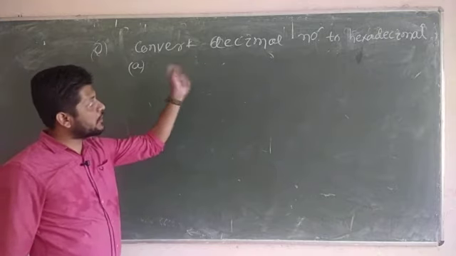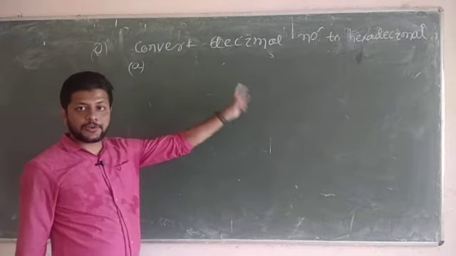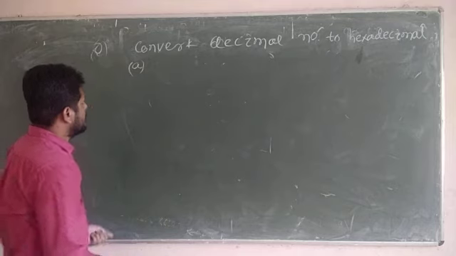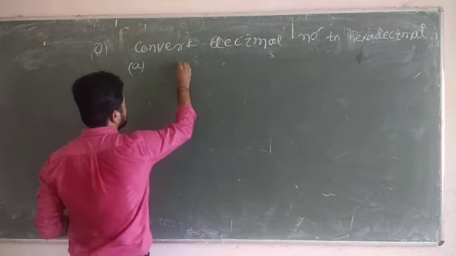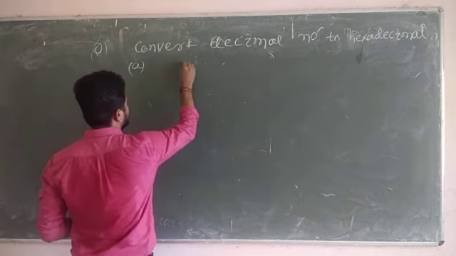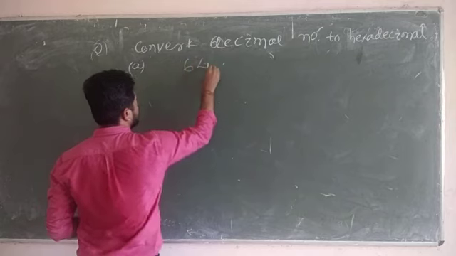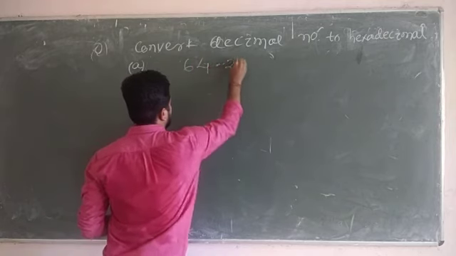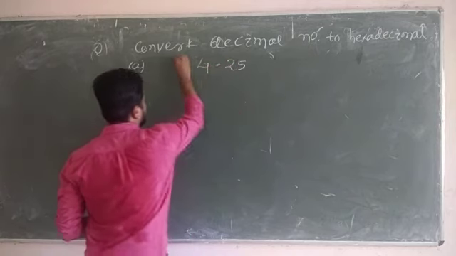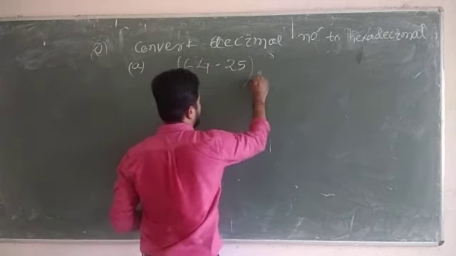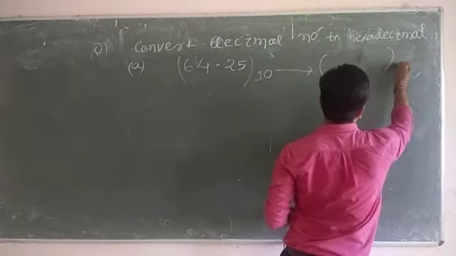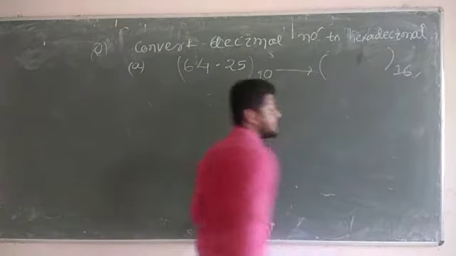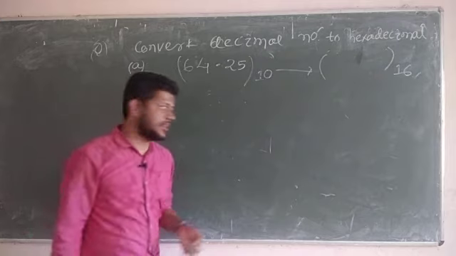Always remember I want to convert the number from decimal to hexadecimal. Now the question I am going to solve is 64.25, and I want to convert this number into hexadecimal. Hexadecimal means the base is 16.